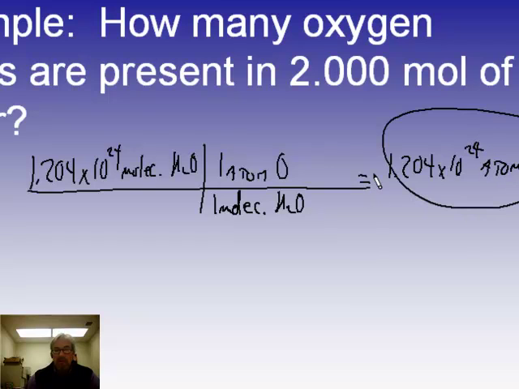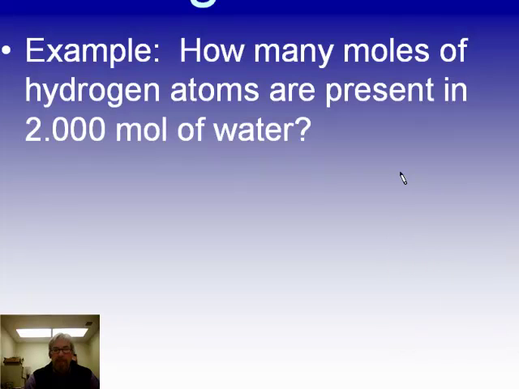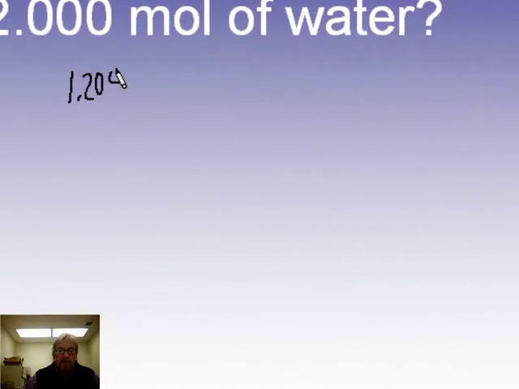Try this one. Stop the video and figure this one out. You can use a reasoning that's similar to the last example. Again, starting with how many molecules are in 2 moles, it's 1.204 times 10 to the 24th molecules of H2O. But now the ratio here is different.